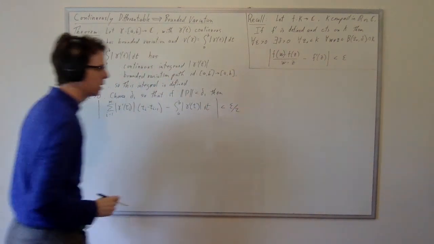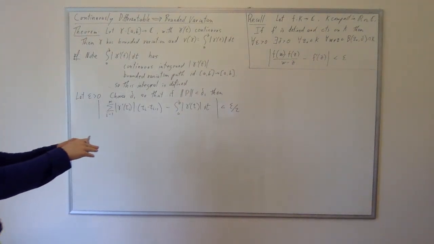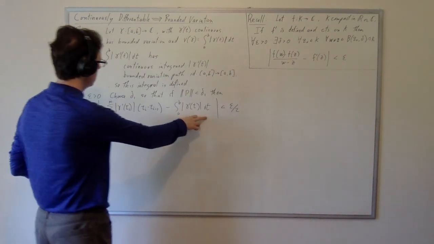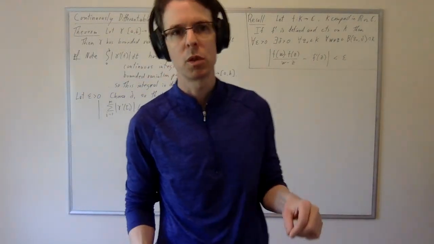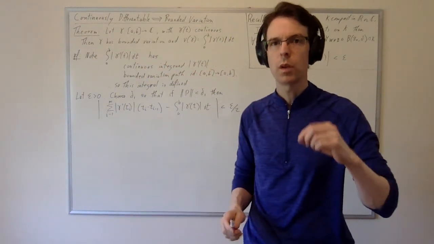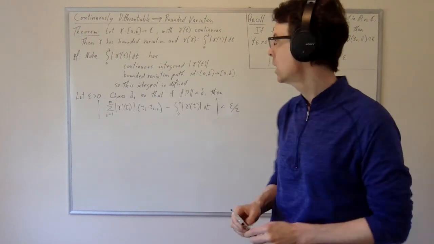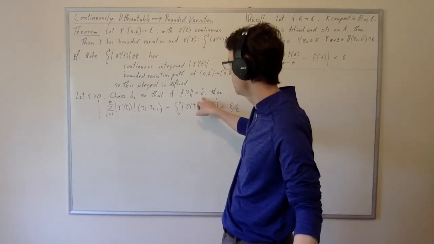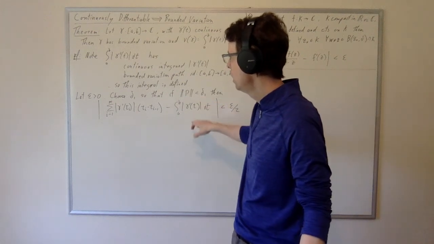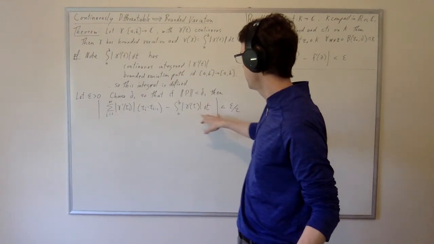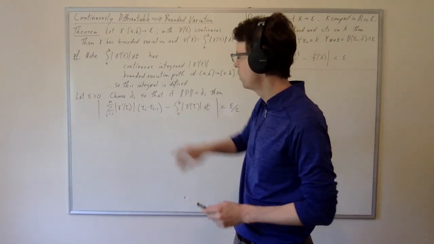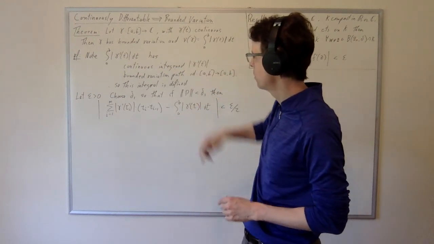And I want it actually less than epsilon over 2. So what I'm saying here is, if the integral is defined, then its integral estimates will get closer and closer to it as the partition norm approaches 0. And so I can invoke the definition of that partition norm limit. I can say if the partition norm is small enough, if it's less than delta 1, then the integral estimate will be very close to the integral itself. And I know that everything here exists because I've invoked that previous theorem.